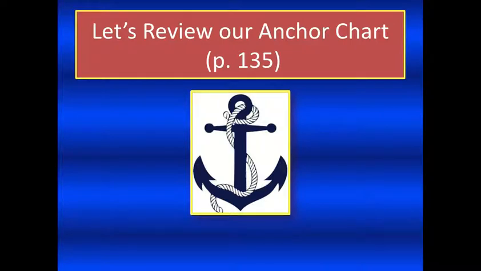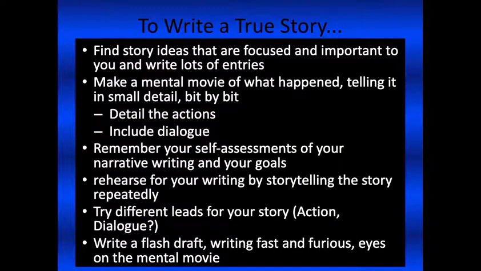All right, let's review our anchor chart and add to it a little bit. So remember, our first step to write a true story is to find an idea that is focused and important to you, and then you write a lot of entries in your notebook. You make a mental movie once you've chosen your story. You make a mental movie of what happened, telling it in small detail, bit by bit.